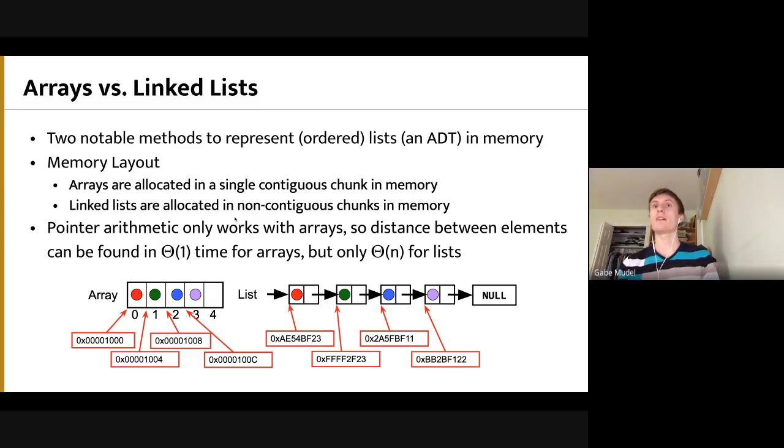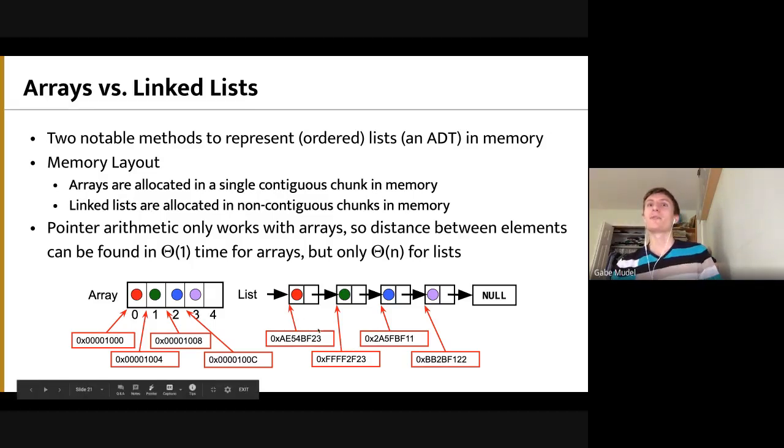A linked list, however, is not necessarily contiguous. In fact, it's usually not contiguous unless you get the random probability that your pointers happen to be right next to each other, which never happens. So a linked list is basically just pointers that are connected to each other.